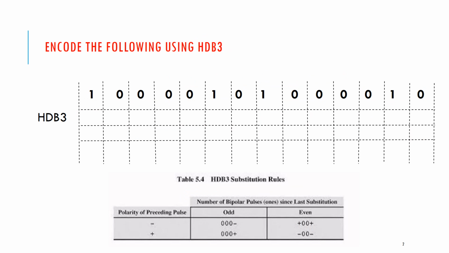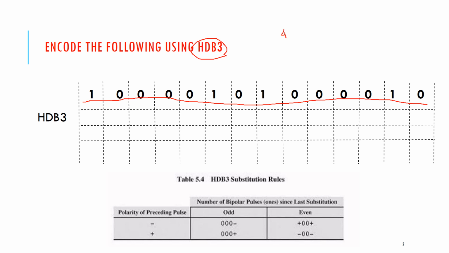Now we are going to encode another sequence of bits, but this time we are going to be using HDB3 to do the substitution. And remember, this technique we are only going to be using when we have 4 consecutive zeros in my data.